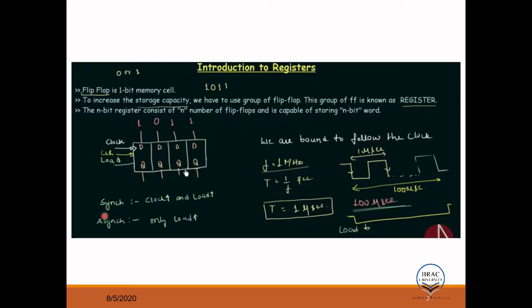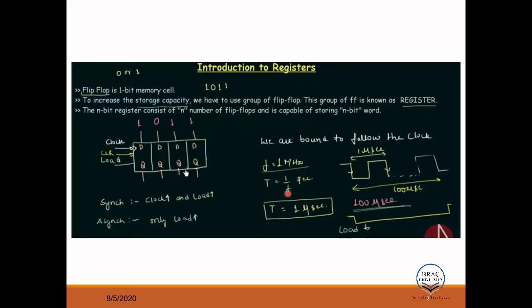Okay, one more thing is it has override. ORI means override, which means when override is activated, it will activate the preset and clear, PR and clear. Preset is bubbled, so preset is low, clear is low. So if override is activated, then preset low, clear low.